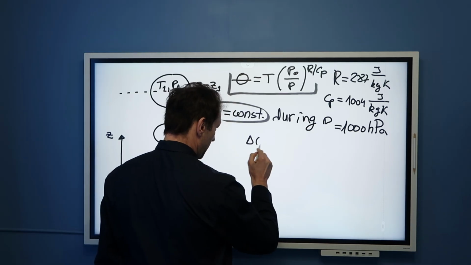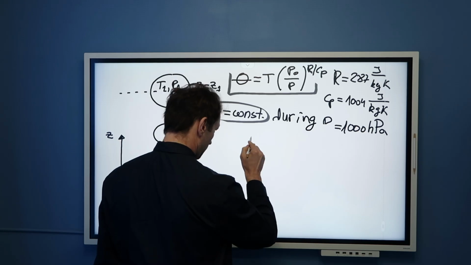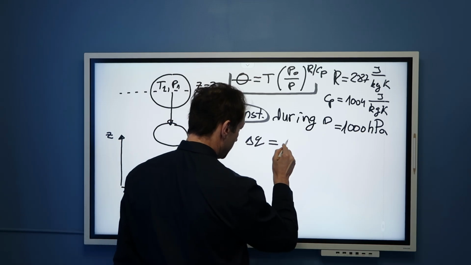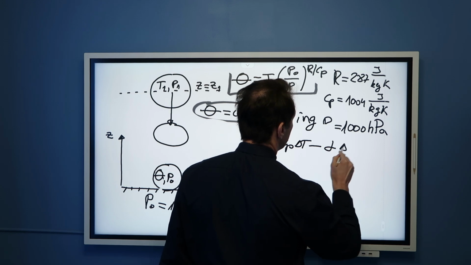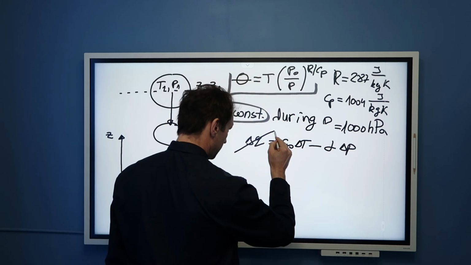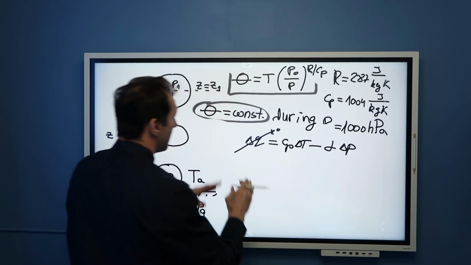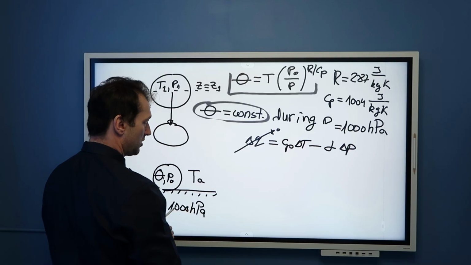The first principle of thermodynamics says dq is equal to Cp delta T minus alpha delta P. Entire video on that. In an adiabatic process, delta Q equals 0. Adiabatic process means, okay, I can use potential temperature.